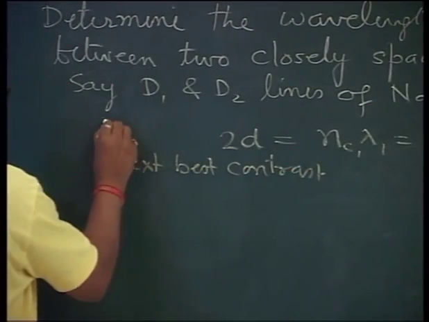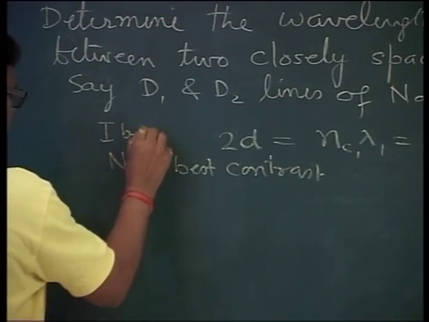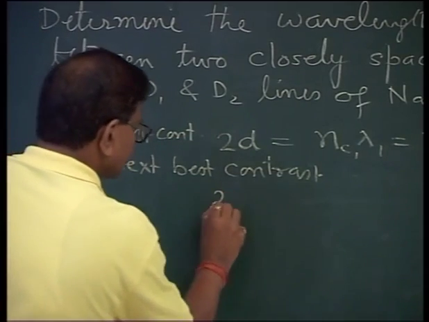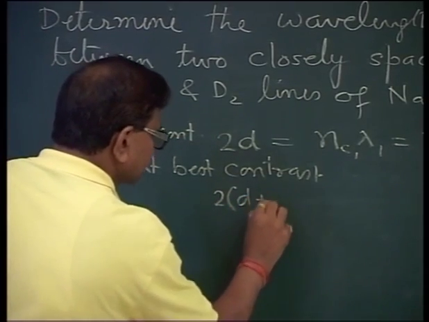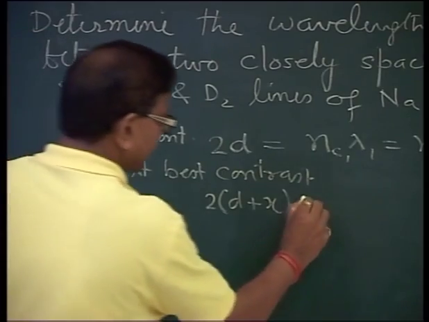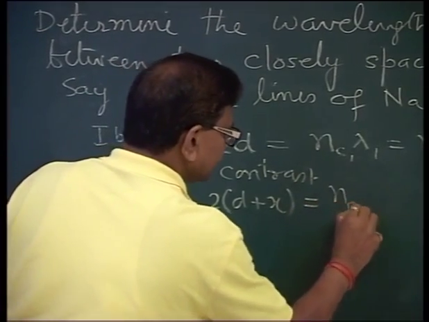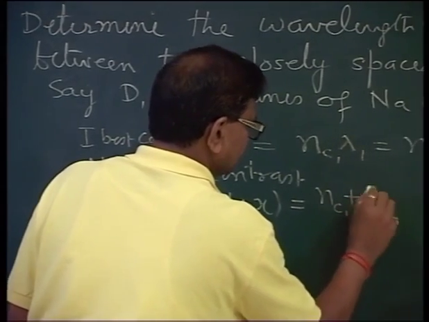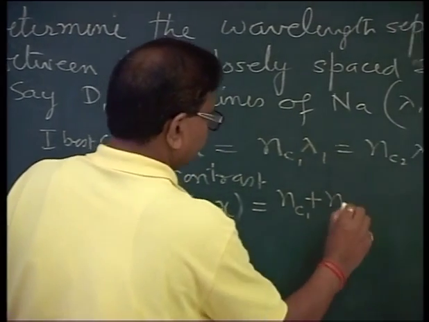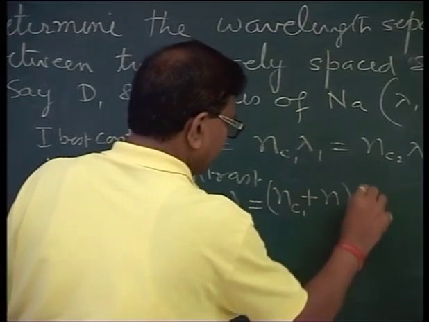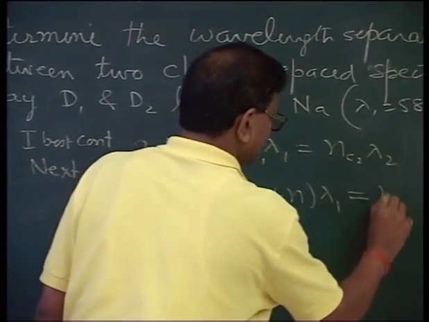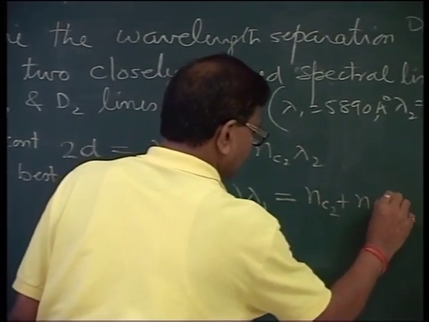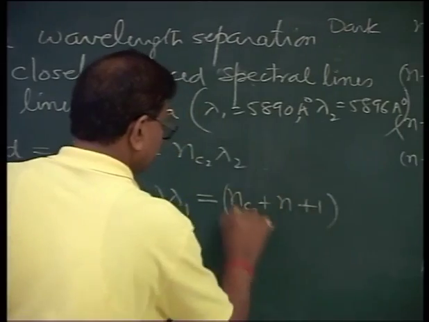Next best contrast: suppose we have moved the mirror through a distance x, then obviously NC1 plus N lambda 1 will be equal to NC2 plus N plus 1 lambda 2.